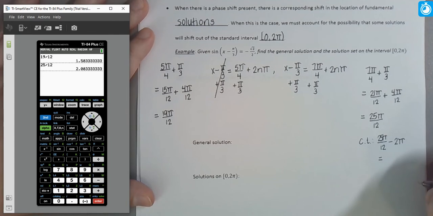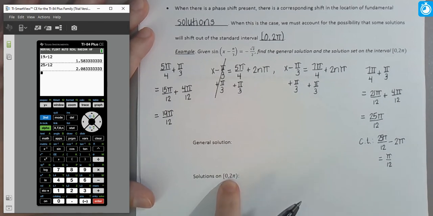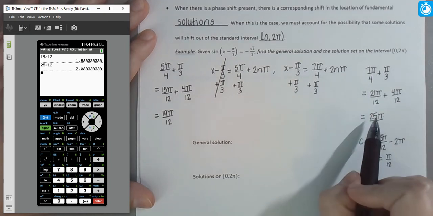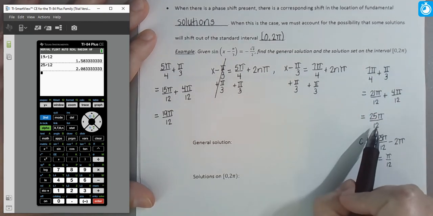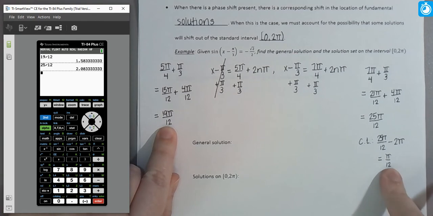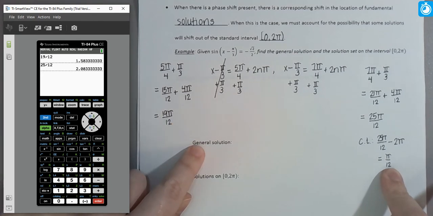So 25 pi over 12 minus 24 pi over 12 would give us just a single pi over 12. This would be the corresponding solution that's within that particular interval from 0 to 2 pi. So even though the shift took our fundamental solution and pushed it out of the interval, we can always generate a coterminal value, and it also solves our equation and represents what we want that is between 0 and 2 pi. So I'm going to use these two values to write our general solution.